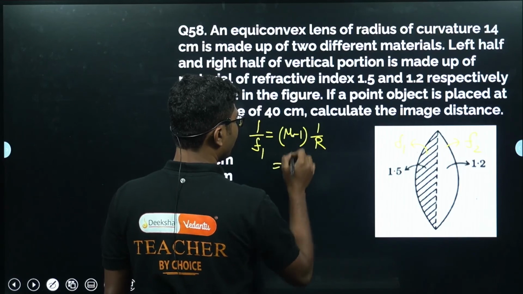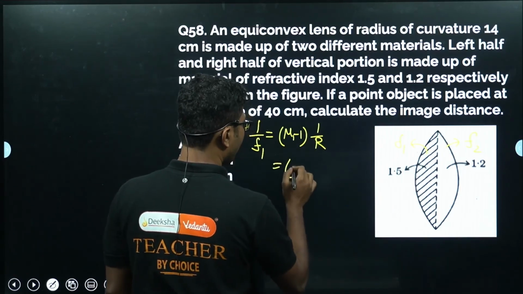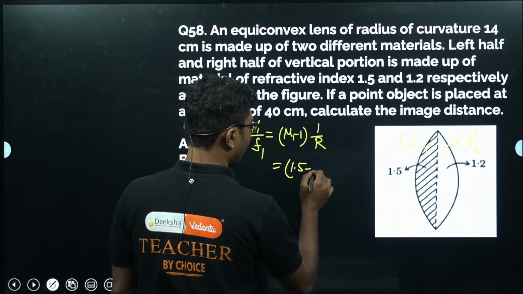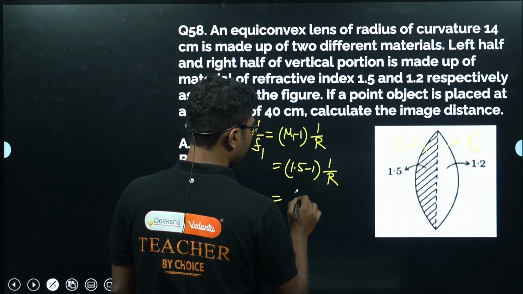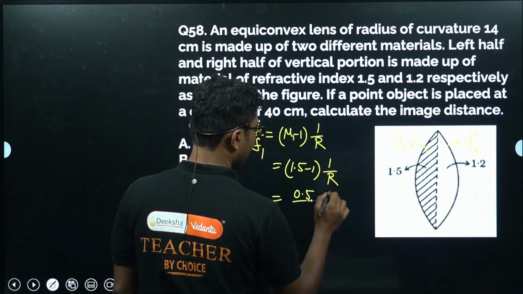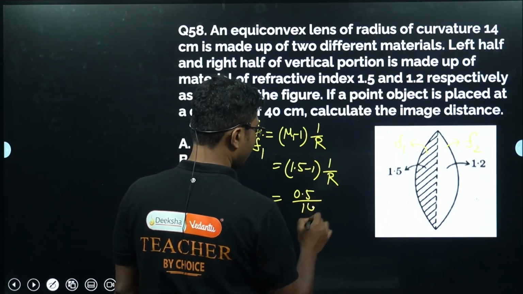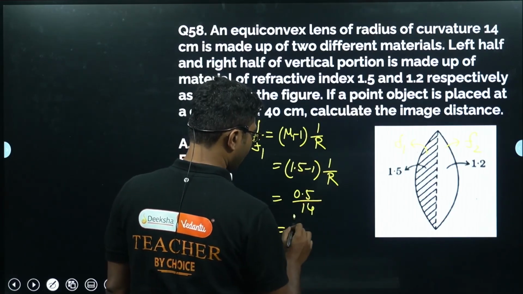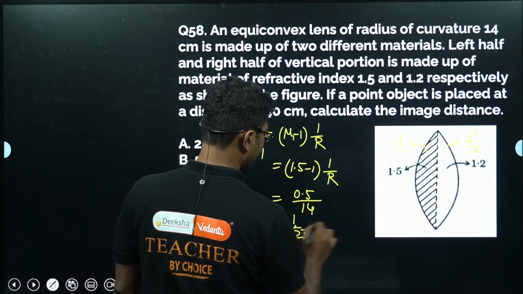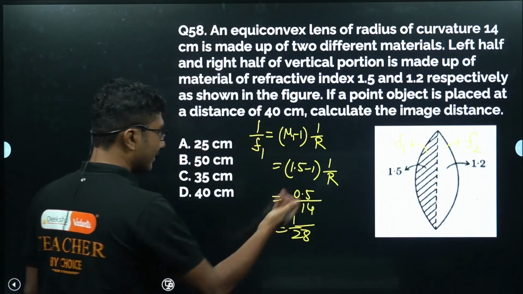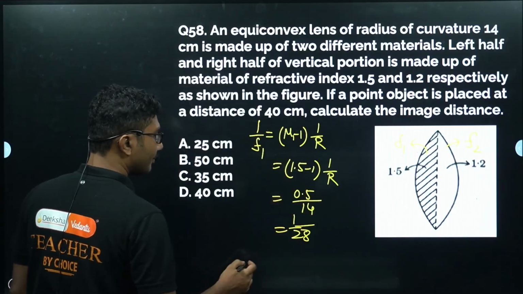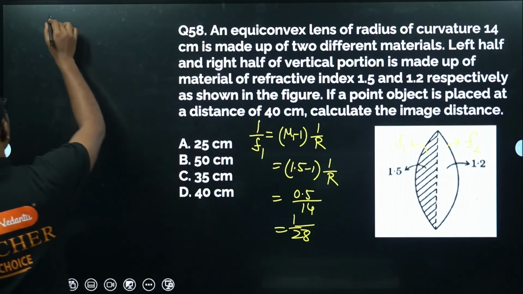So for mu 1.5, 1.5 minus 1 times 1 by r, or 0.5 divided by 14. So it will become 1 by 28, right. We are not finding f1 by reversing it, eventually it will be very helpful for us.